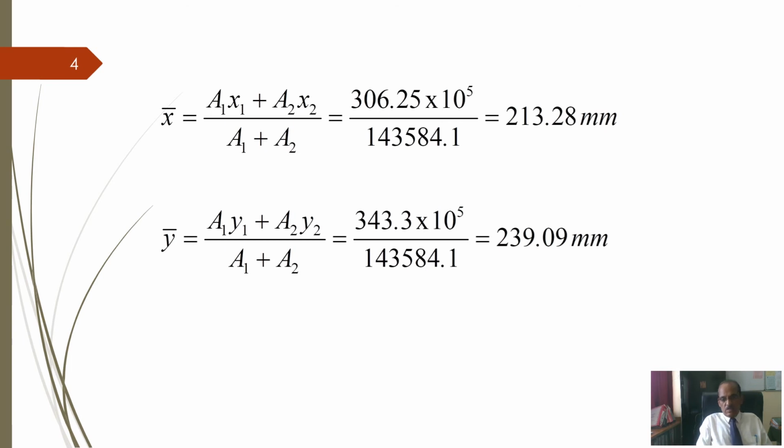Unless you have a clear-cut idea of this centroid, it is not possible, and that's why you take it seriously. For civil and mechanical engineering, this entire engineering mechanics is very important, and you should pay more attention to this particular subject, and this will help you everywhere.